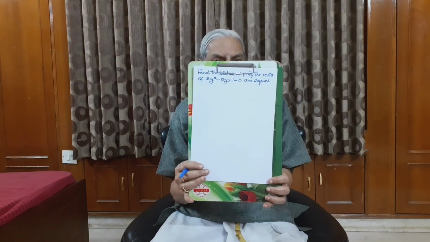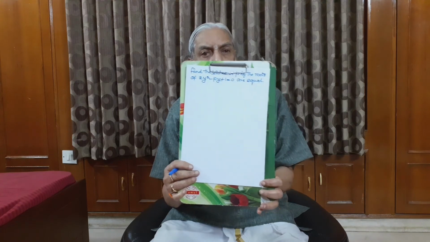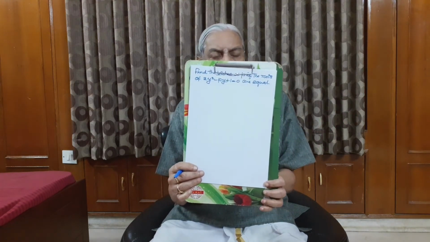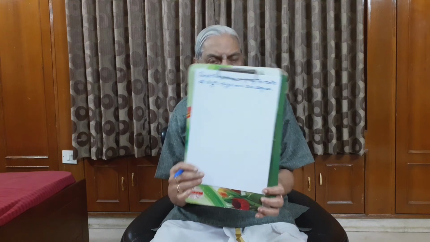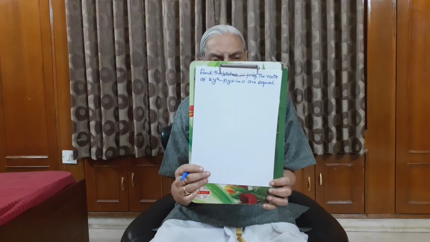the roots of the equation 2y squared minus py plus 1 equals 0 are equal. P is there, see here. 2y squared minus py plus 1 is equal to 0.